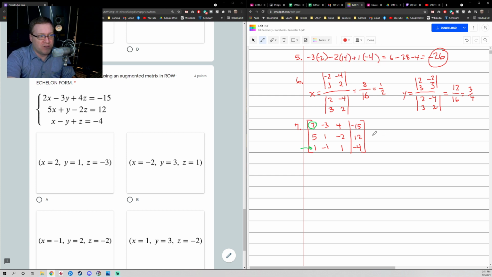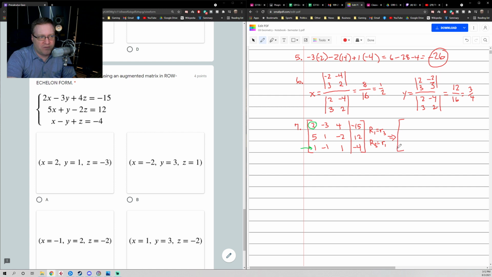The way we write that is we say new row 1, which is big R1, is going to equal old row 3. This is old row 3, and we want it to be our new row 1. And the new row 3 is going to equal old row 1. All right, so we're going to use this operation.